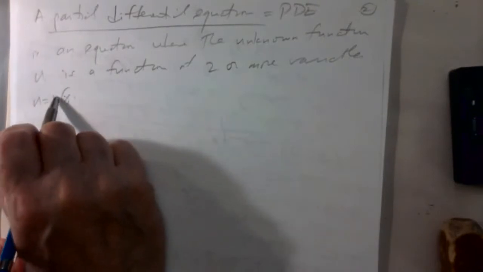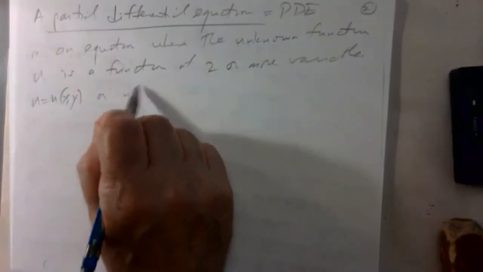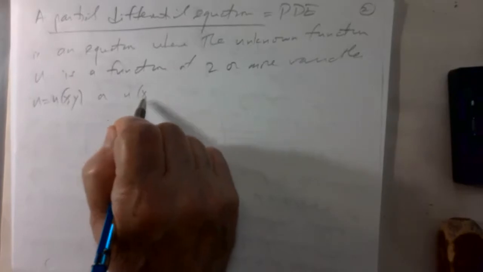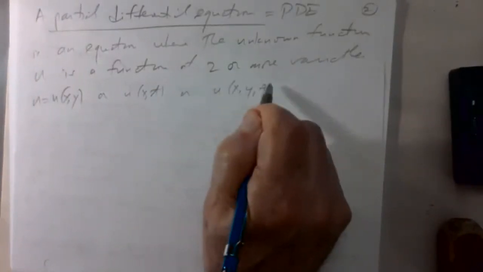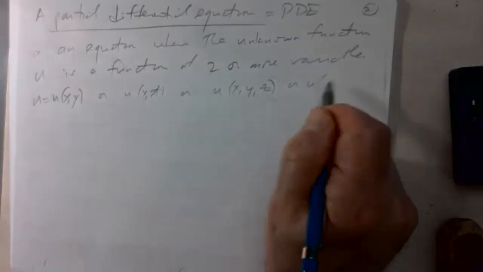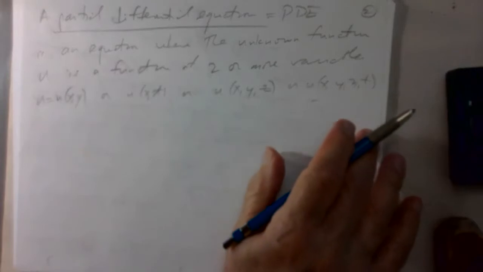And again, it doesn't matter what the variables are called. u might be a function of x and y, or u might be a function of x and t, or u might be a function of x, y, and z, or u might be a function of x, y, z, and t, and so on. I mean, it can be a million variables.